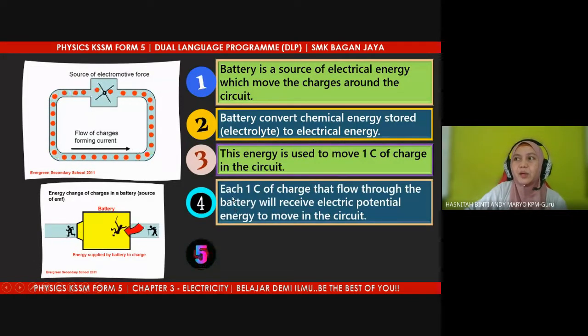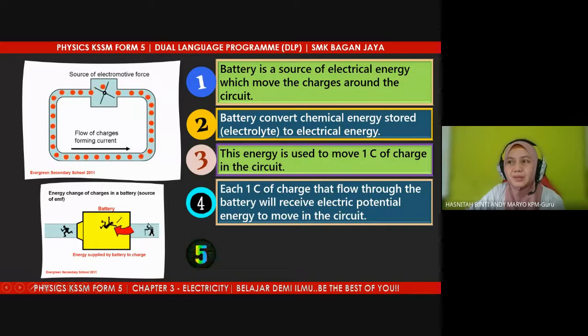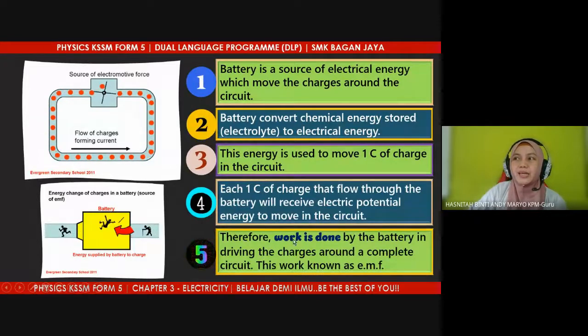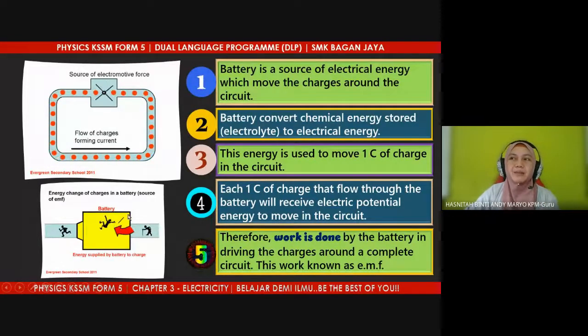So each of these persons represents 1 coulomb of charge. Each 1 coulomb of charge that flows through the battery will receive electric potential energy to move in the circuit. So work is done by the battery. We say that the battery is doing work in supplying energy to the charges.